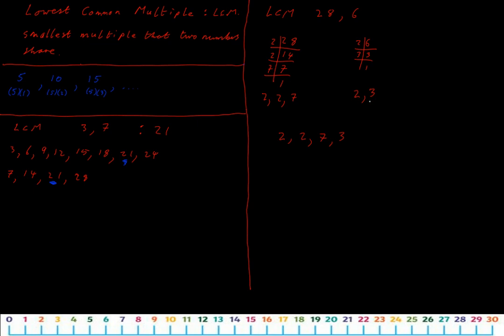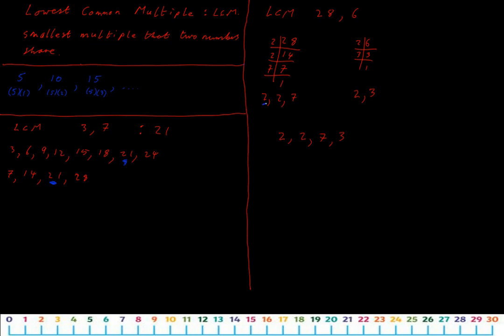If it has all of the factors of my two original numbers, that means that my two original numbers will be able to divide into it. They will be factors of my new number. Remember, I mentioned that that's another way of looking at my lowest common multiple. So let's see if we have that criteria met.